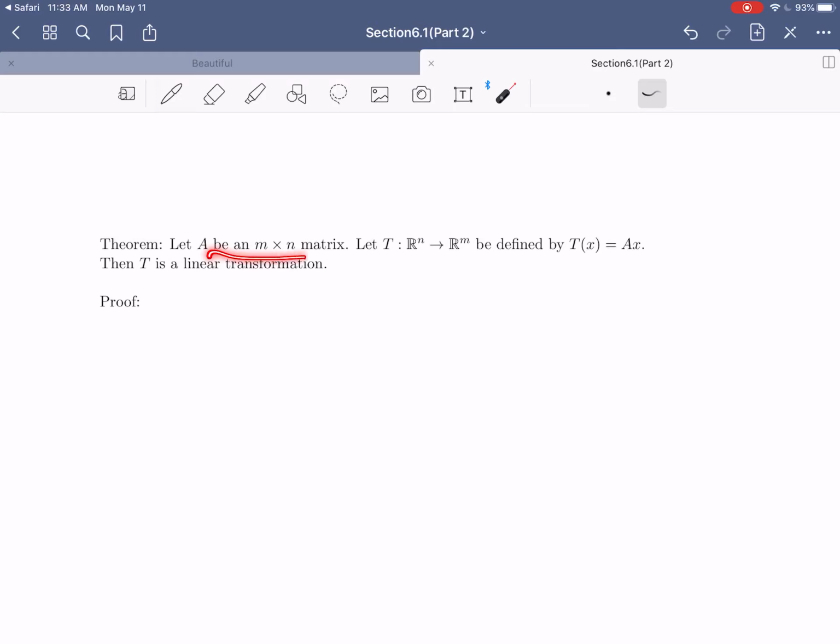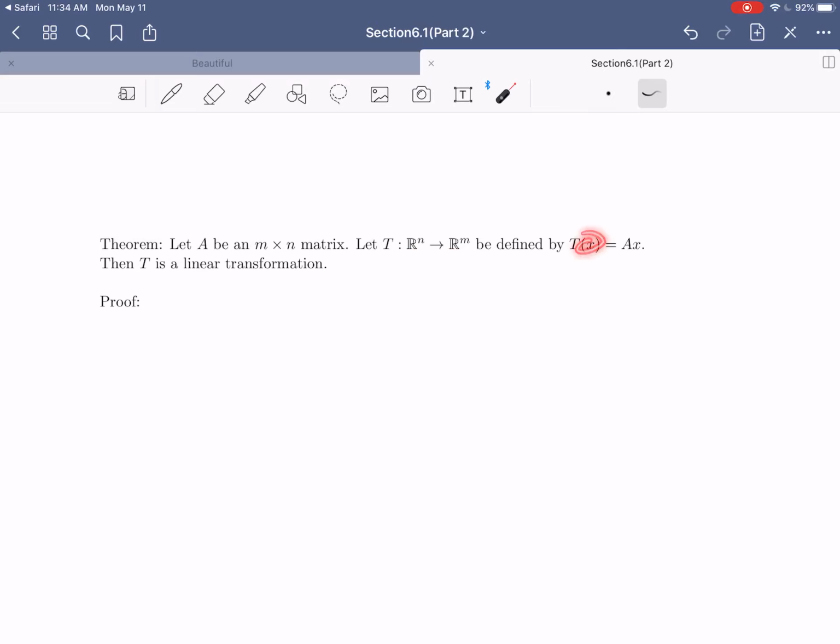Let A be an m by n matrix. Then the mapping that goes from Rn into Rm, defined so that you take the transformation of a vector and define it as that matrix multiplied with that vector, is guaranteed to be a linear transformation. Now, first of all, let's make sure we understand why this goes from Rn to Rm.